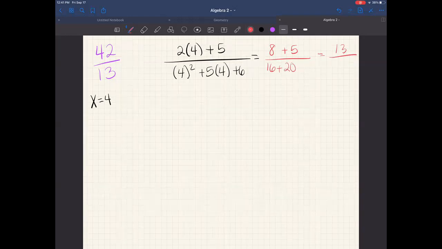That's 20 plus 6. So I can go on to the side here. 20 plus 16, that gives me 36. Plus another 6, that gives me 42. Do these match?